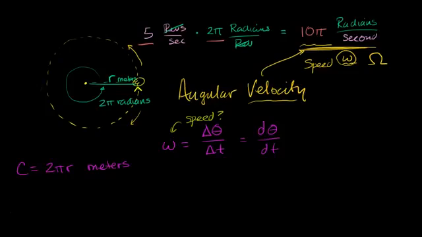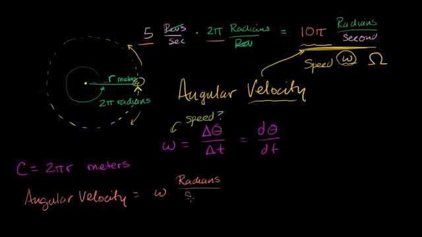And let's say that the angular velocity is equal to omega radians per second. And so how many revolutions is that per second? Well, we could go backwards from what we did over here.